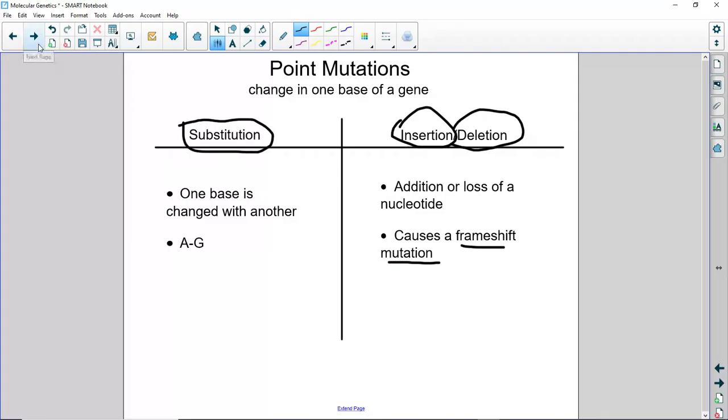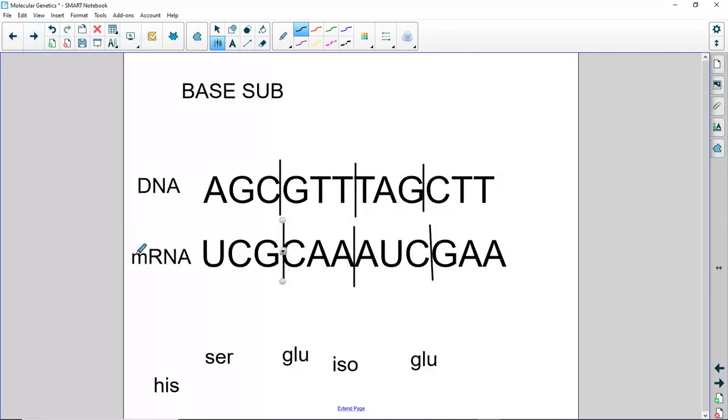Let's take a look at a specific example. I set it up this way for you already. You have four codes for DNA, which are going to be coded onto mRNA.